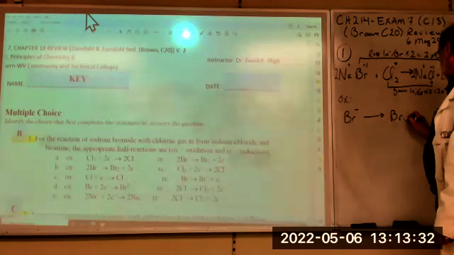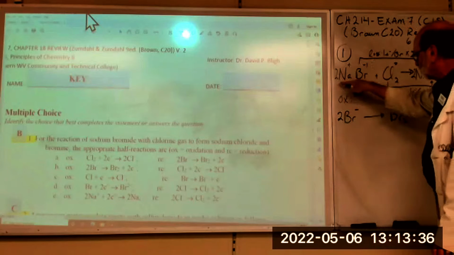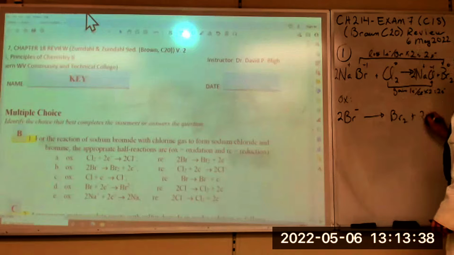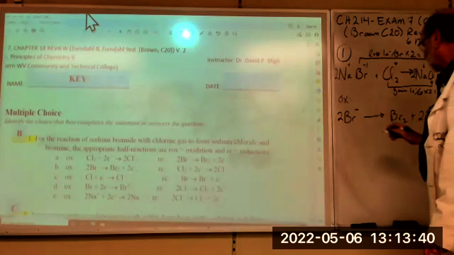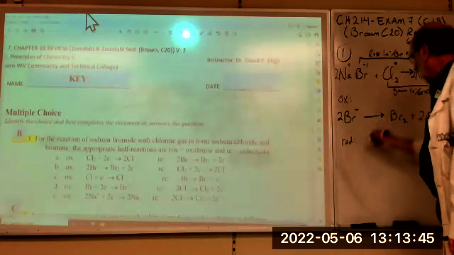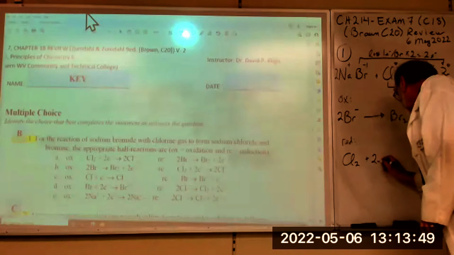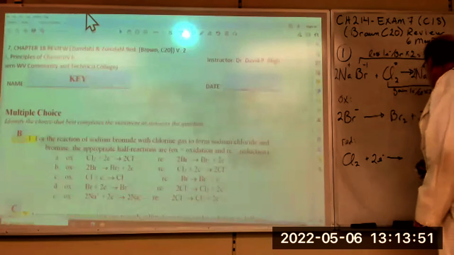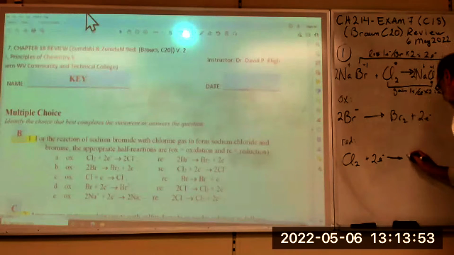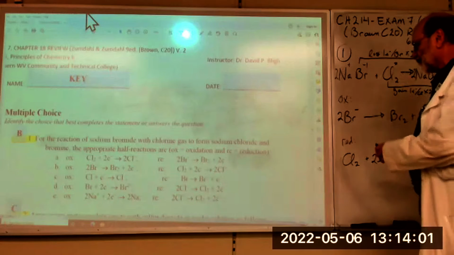So we're making Br2, but we need 2 of these because we have 2 there, plus 2 electrons. And the reduction step is the chlorine plus 2 electrons yields 2 chlorine ions. Okay, so that should be oxidation, reduction.